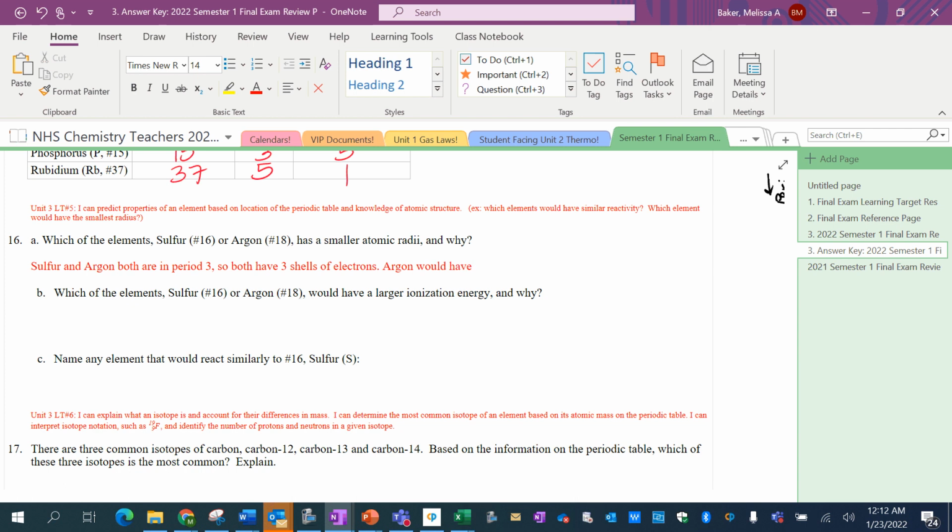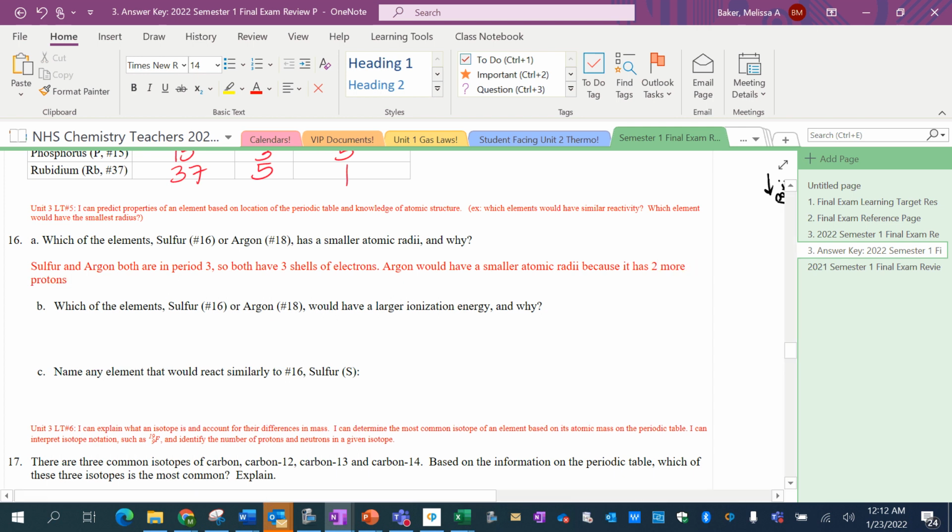Argon would have a smaller atomic radii because it has 2 more protons than sulfur. Protons have a positive charge and attract the electrons, pulling the shells in a little tighter, making it a little smaller.